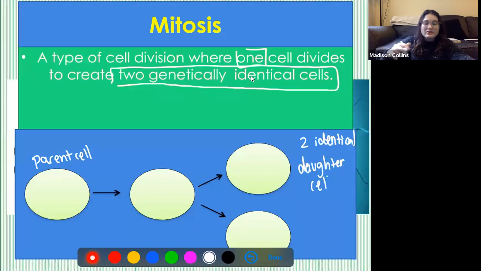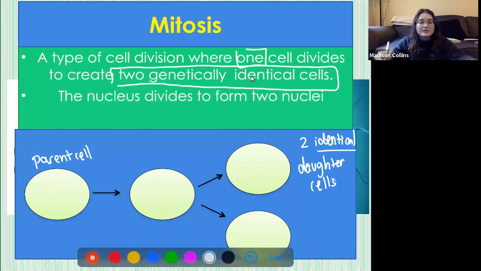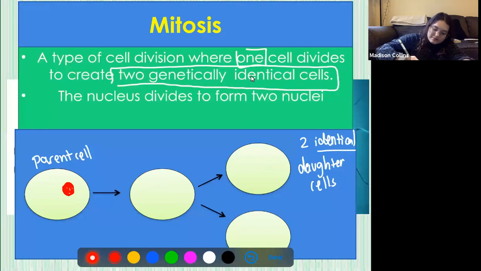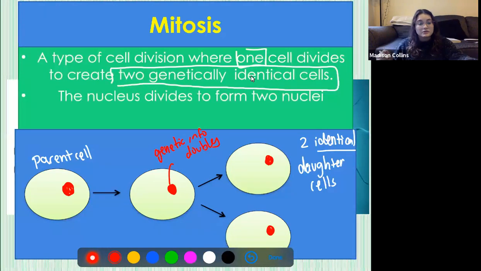But we just said that in order for this to happen, in order for these two cells to be identical, the nucleus has to actually divide in order to form two nuclei. Right, so here is the nucleus. This genetic information is going to double so that eventually each cell has their own individual nucleus with the same genetic information.